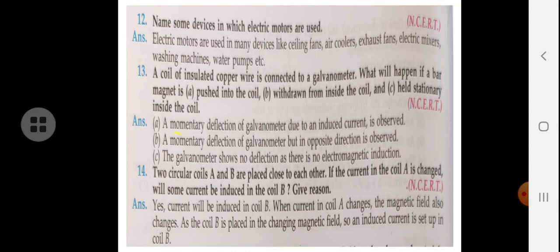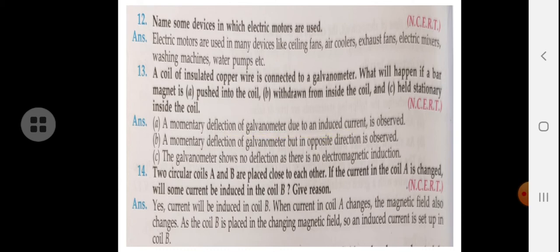There is a momentary deflection of the galvanometer due to induced current. When we push the bar magnet into the coil, the magnetic field lines associated with this coil change, and current is induced, due to which the momentary deflection of the galvanometer is shown.